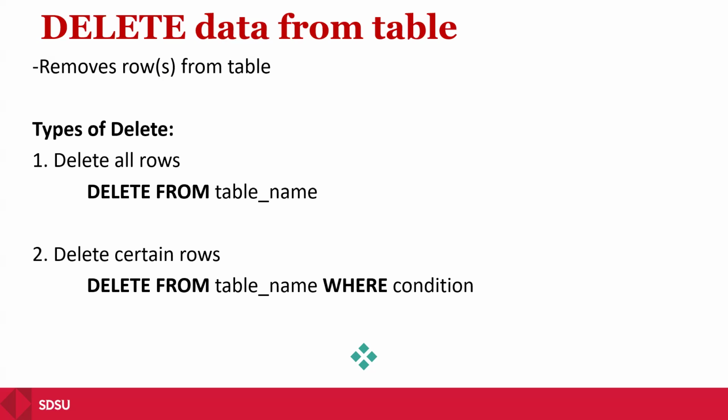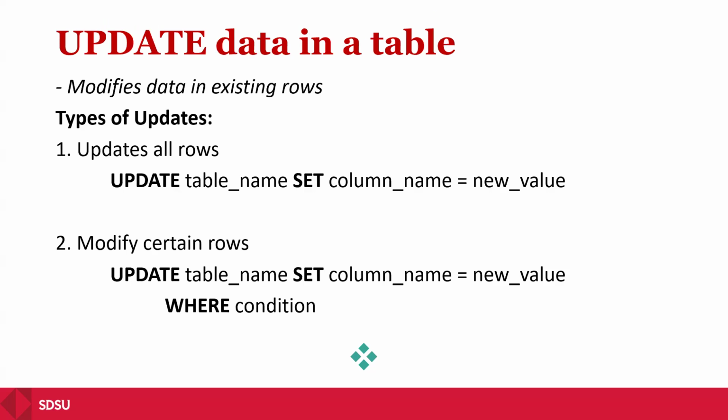When you need to delete certain rows, you delete them based on certain criteria. In this case, it's going to be delete from, and you specify criteria under the where clause. We're going to talk more about the where clause in a little bit, so you would know how to build those where clauses.